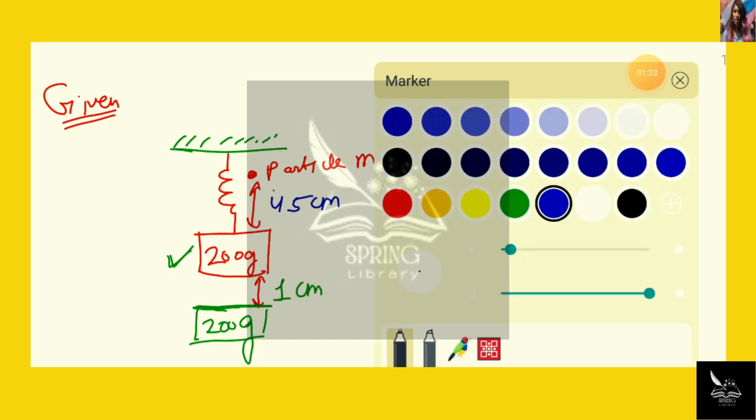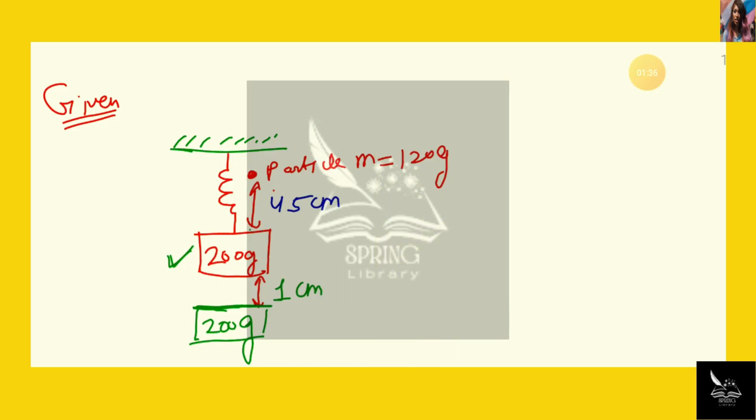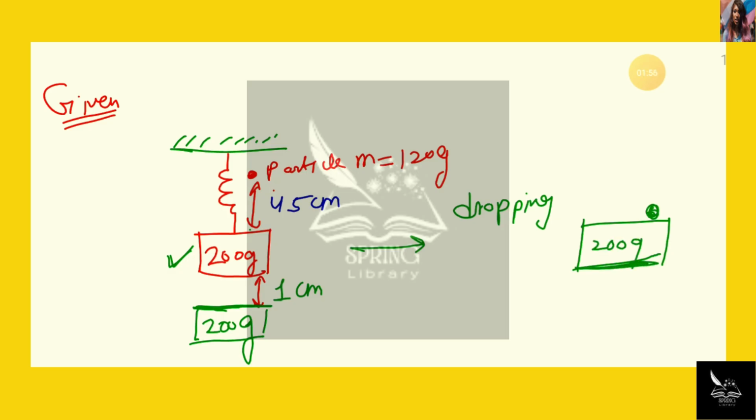The particle drops vertically and then sticks with this block, and both move with the same velocity in the downward direction. Due to going downward, the spring is now extending.